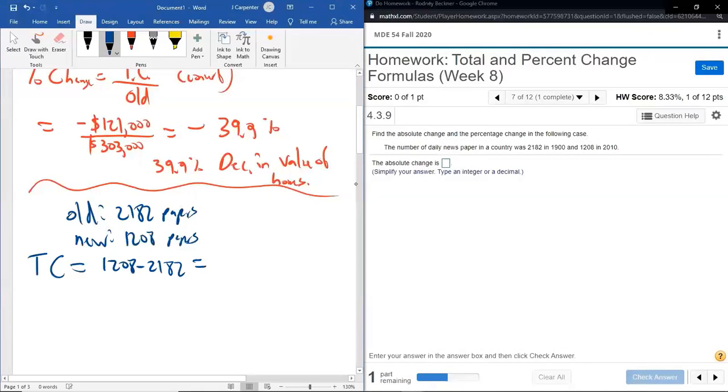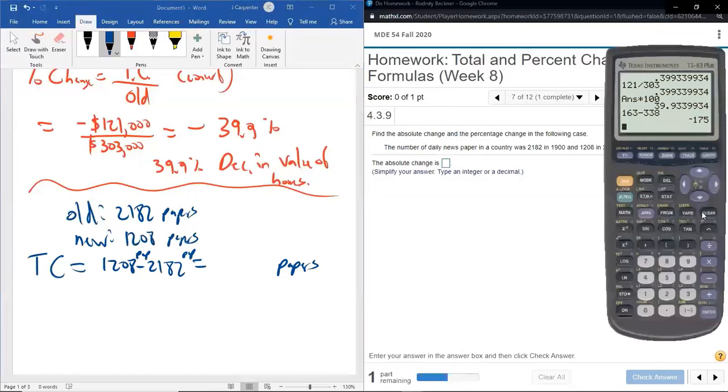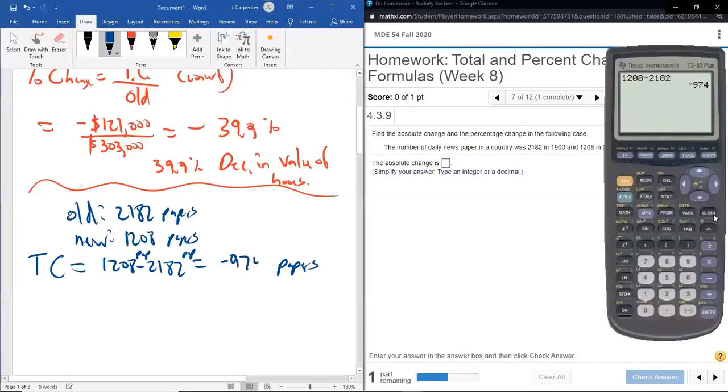And those should be labeled papers, so the unit of the answer is papers. And yeah, these absolute changes, they're just not putting units anywhere. Not a big fan of that once again, but I won't say anything past it now. So you do your 1208, you subtract your 2182, you get negative 974. So almost 1,000 papers in a decrease.